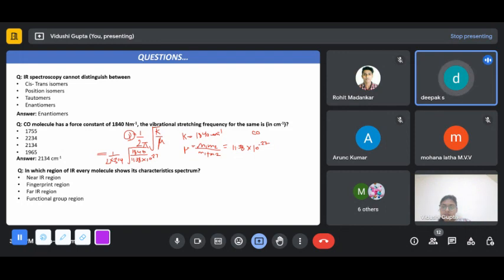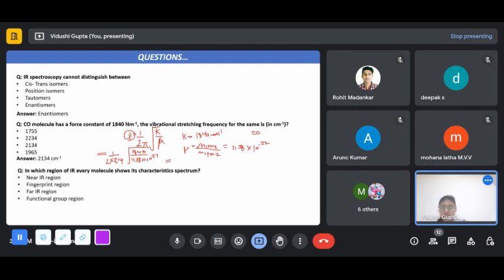While calculating, the answer comes to 2023, but it is not in the options. I put in the same values, but it's 2023. Okay, I will just check my answer. Ma'am, I got 2010. Okay, let me check once.